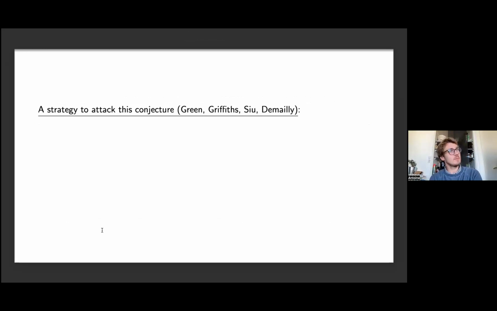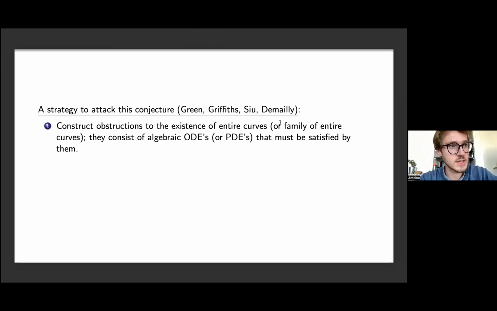Okay, so let me give a rough idea of the strategy to attack this conjecture. These ideas go back to Green-Griffiths, Siu, and Demailly, and are roughly the following. The first one is the construction of obstructions to the existence of entire curves.